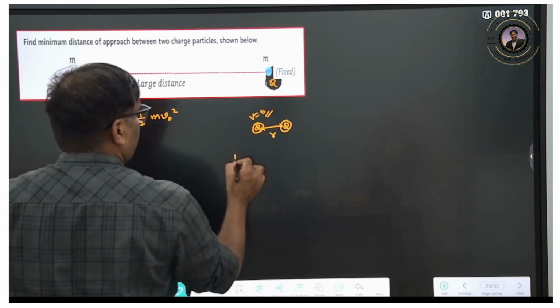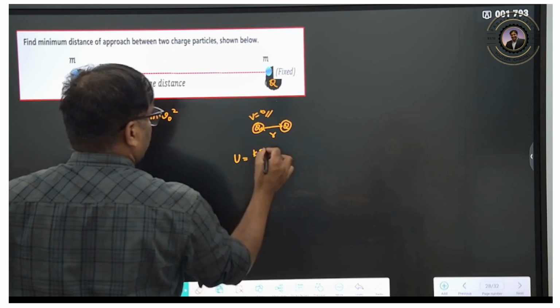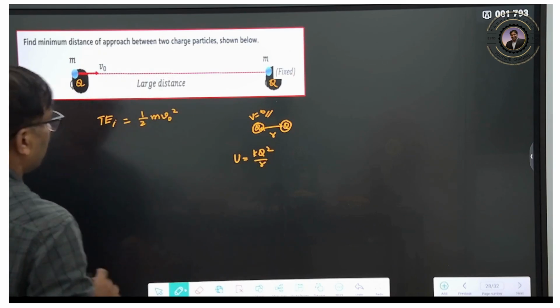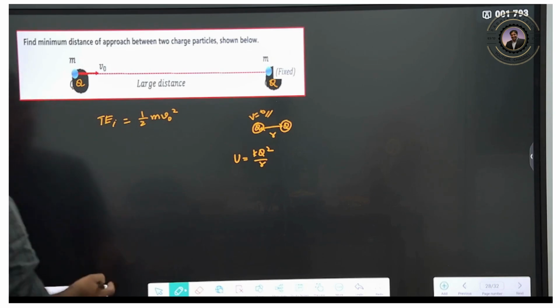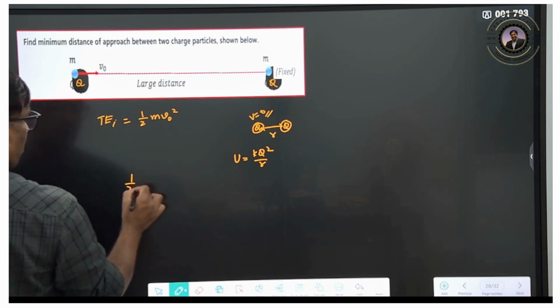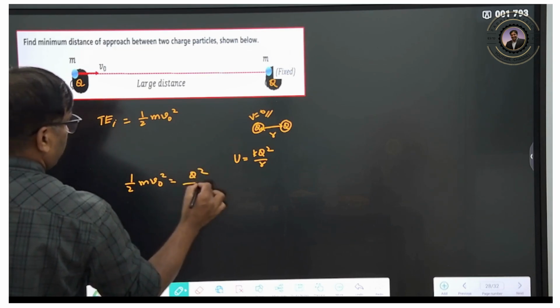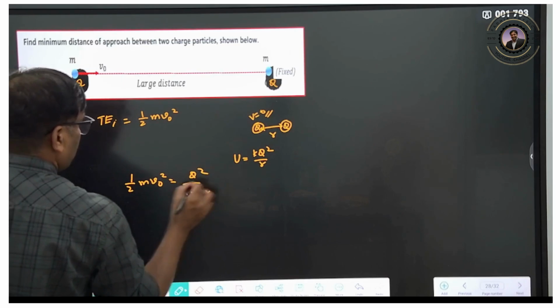At this point what will happen? Potential energy is stored, kq² by r. Whatever the loss in kinetic energy, it will be the gain in potential energy: half m v naught square equals q² by 4 pi epsilon naught into r.